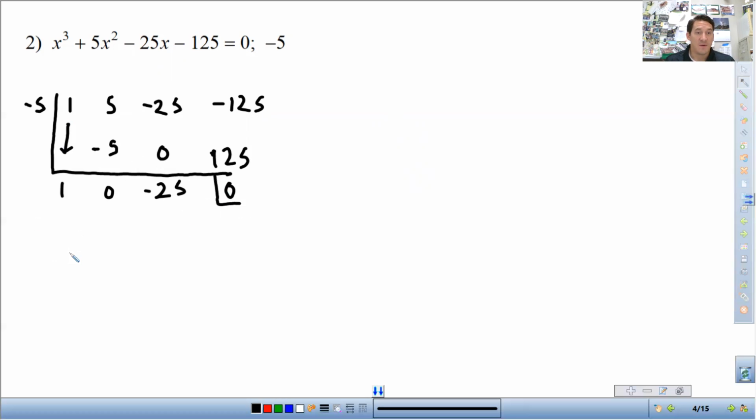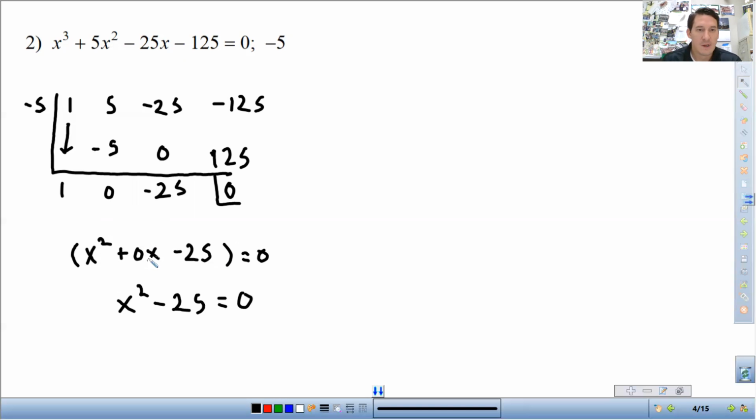So the remaining factor here is x squared plus 0x minus 25, which simplifies to x squared minus 25 is equal to 0. Now we just need to solve for x to find our last two. Just a reminder, the factor we get from the given one is x plus 5.